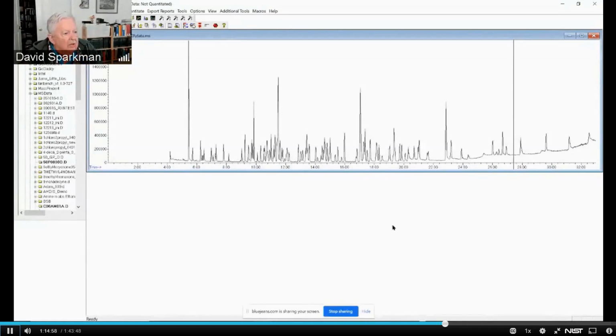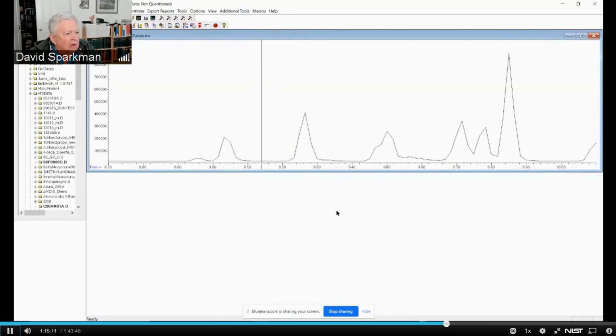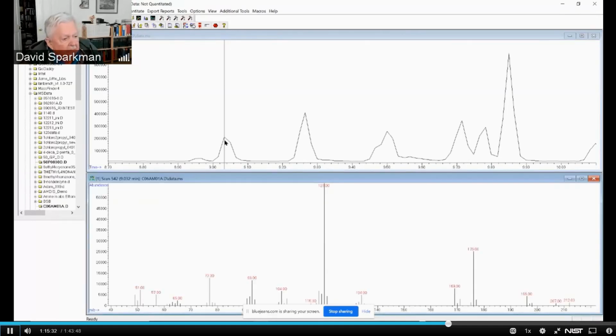and here is another data file. One time I was teaching a course and I was told that within this cluster of peaks, there was a spectrum that they wanted me to interpret. And they said it was at about 9 minutes. So I went to the top of this chromatographic peak and said, well, is this what you want me to interpret?